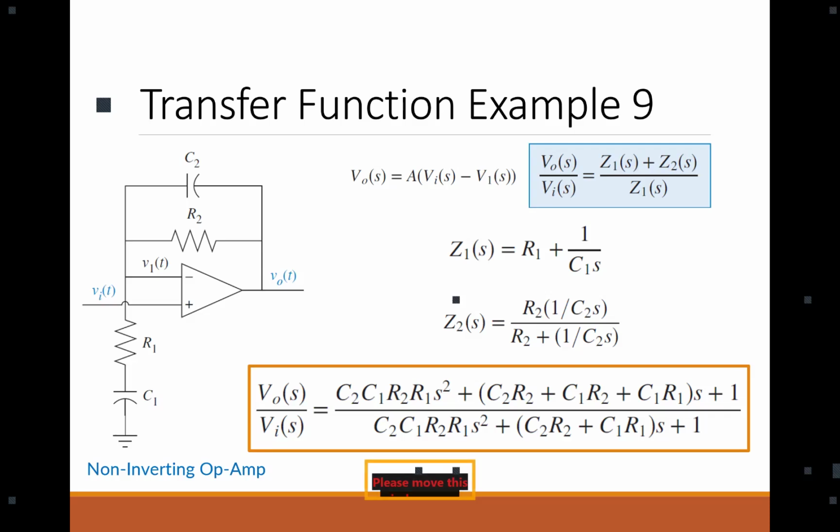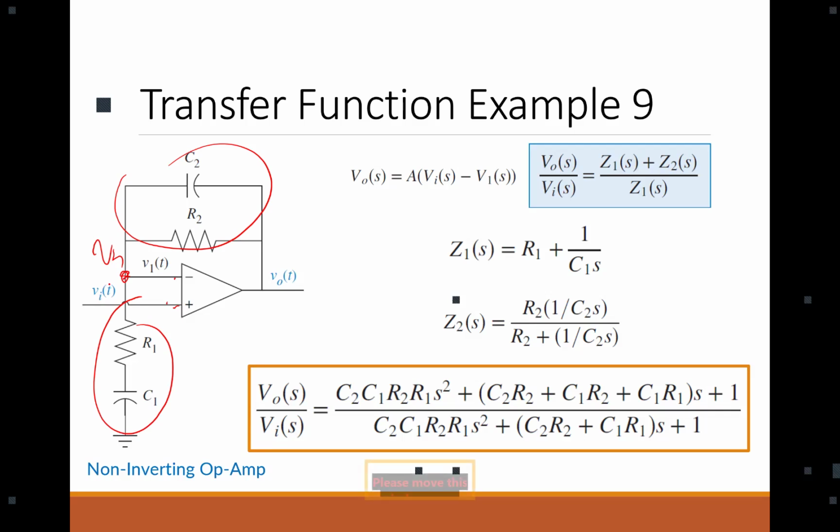So again, very easy. You have two parallel impedances here, one series impedance here, and you know these two voltages are equal to each other, because it doesn't drain any current because of that high impedance, ideally infinity. So if this is VI, that means here is also VI.